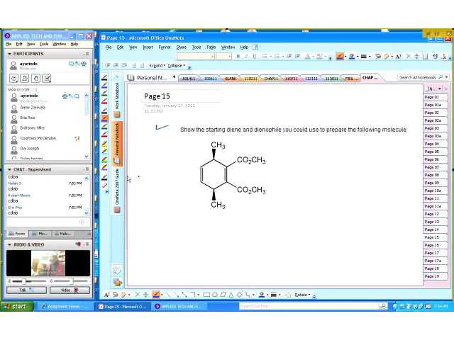Okay, very good. Do you guys have any idea what we need to do here? The diene and the dienophile. Of course, we have the 6-member ring coming from the Diels-Alder reaction.